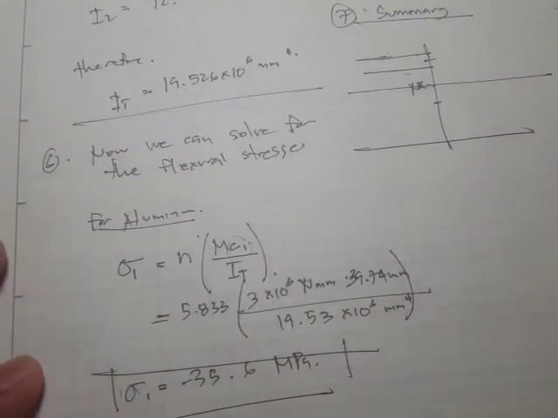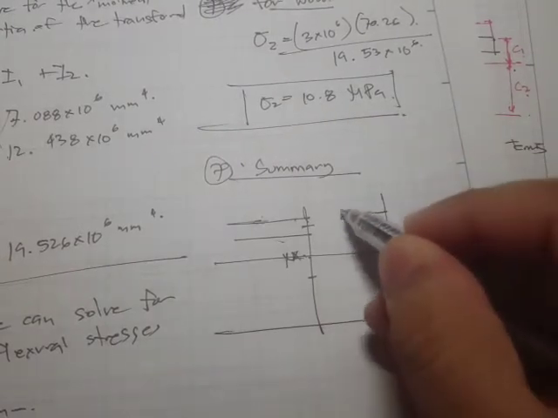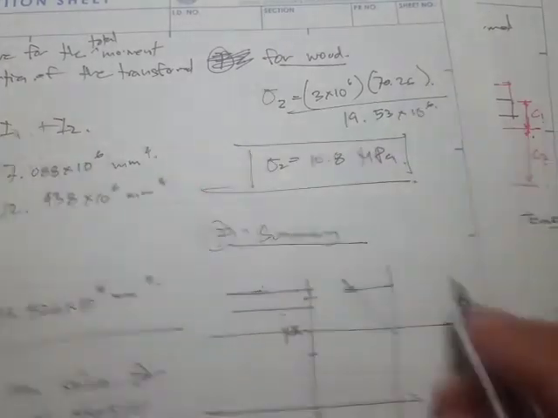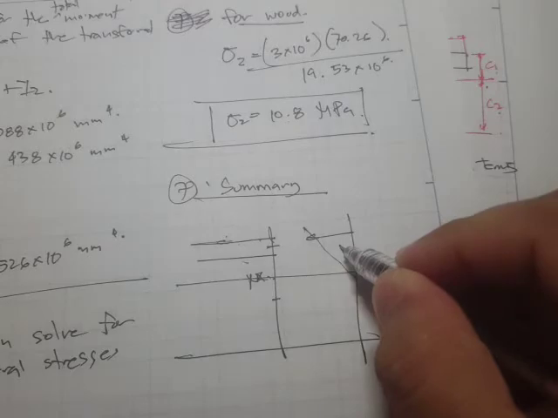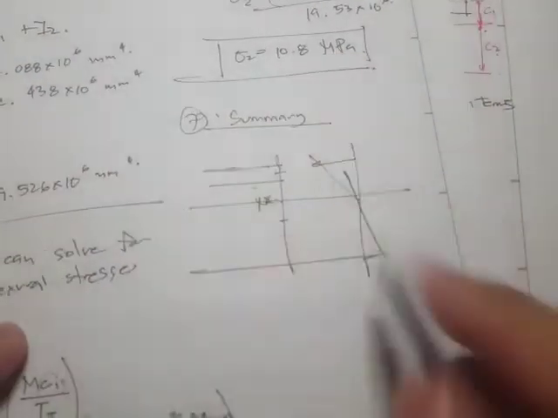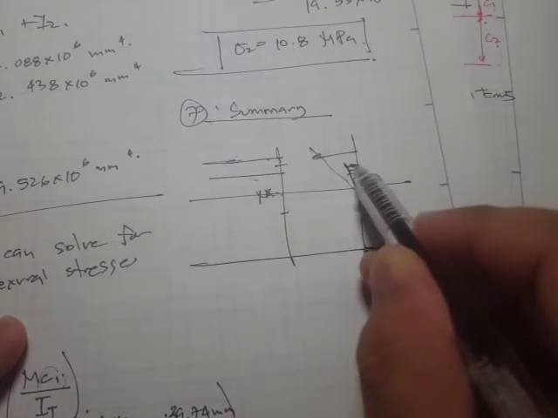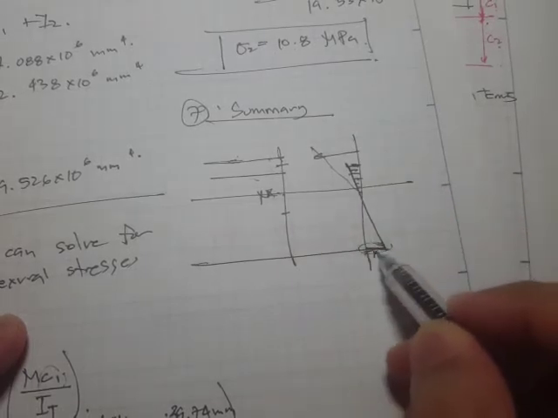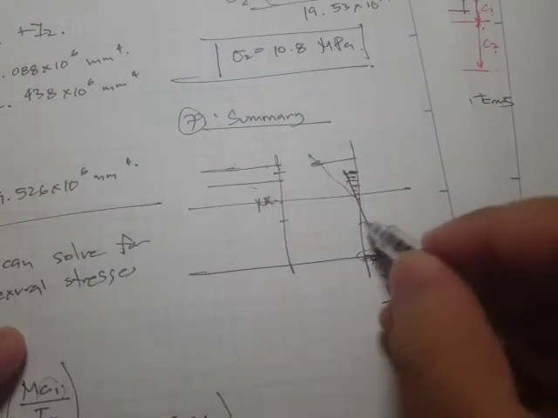Okay, so for aluminum we have 35, so that means it's something like this, but for wood it's only 10. So let's say somewhere here. Okay, and going this way, actually 10 would be here. So right here, maybe it's not exactly 10, I'm not sure, but the value of sigma 2 is 10.8, and it's right here.